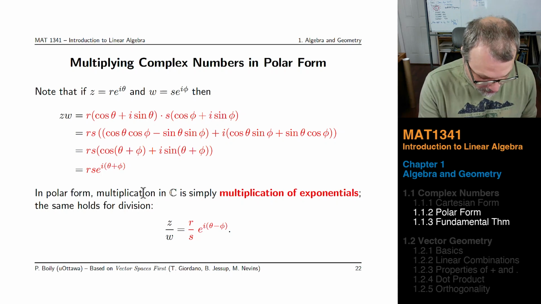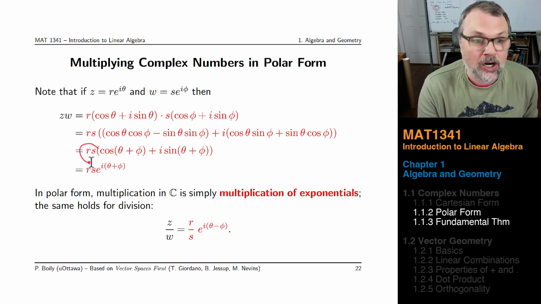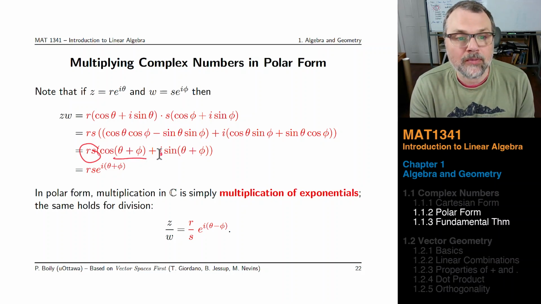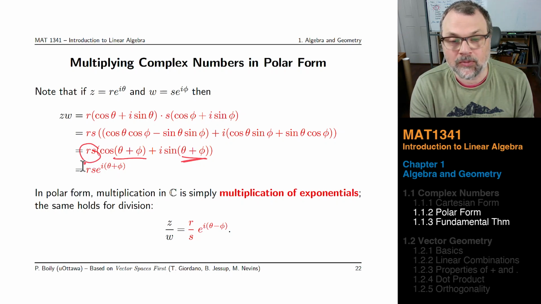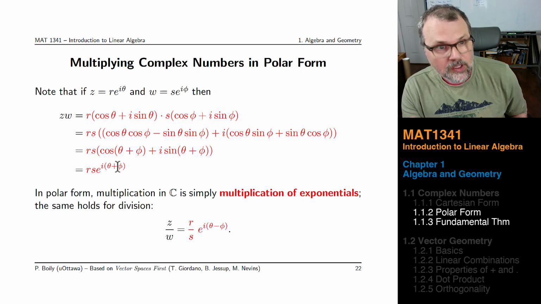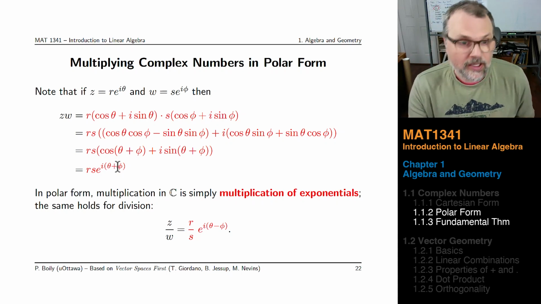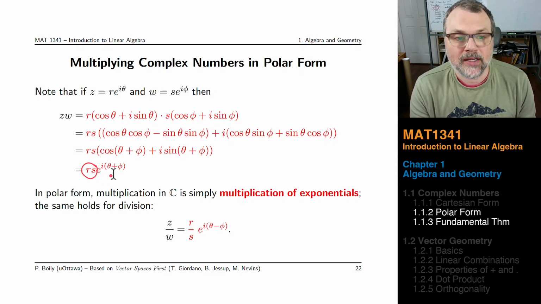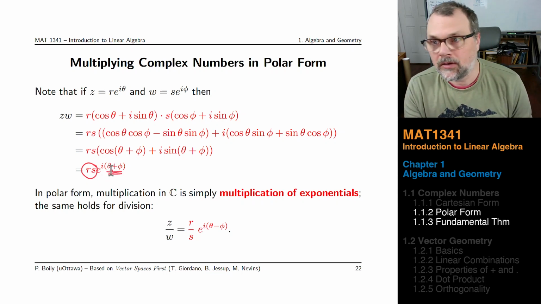I have some real number, in this case rs, times the cosine of something plus i sine of the same something. And that's just writing r times s, the real number, the modulus, times e to the i theta plus phi. When you multiply numbers in complex form, all you have to do is to multiply their moduli together and to add their arguments.